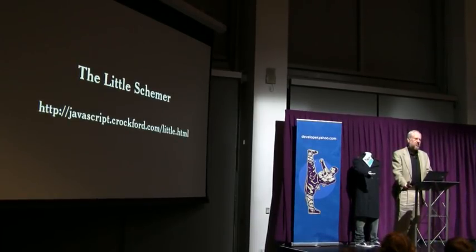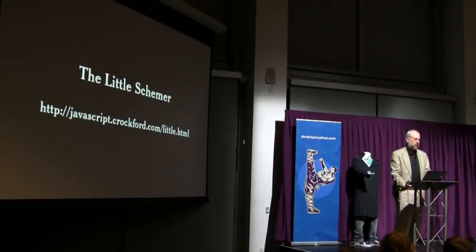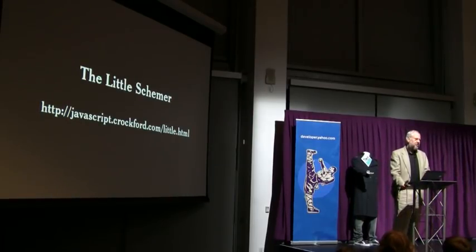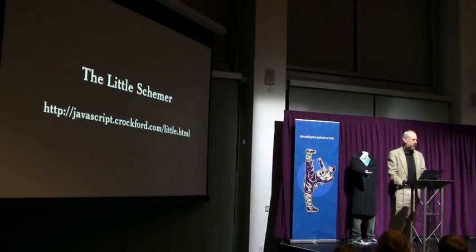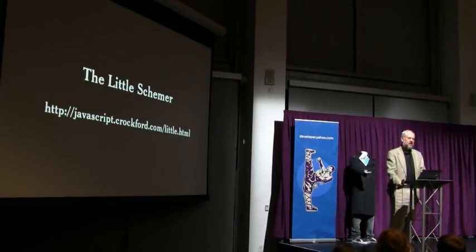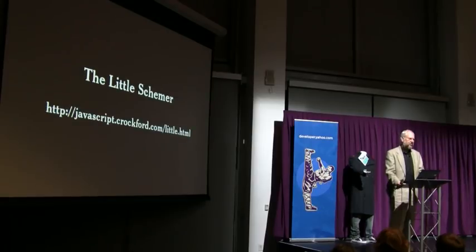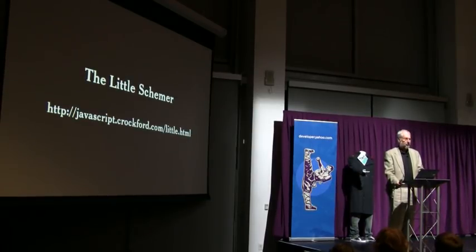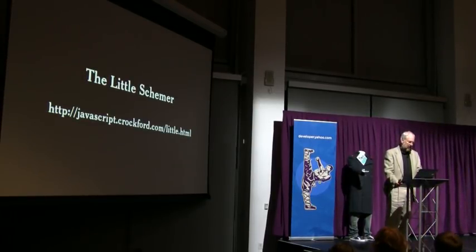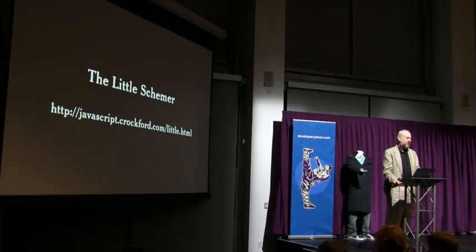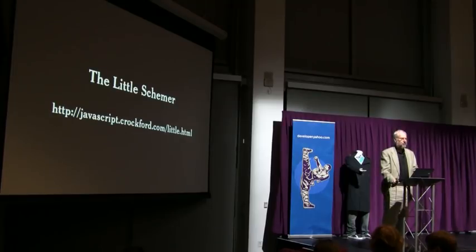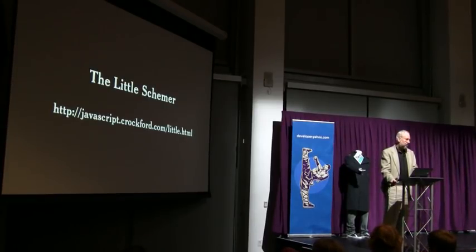And it turns out everything that's in the book can be written in JavaScript. Although Scheme and JavaScript couldn't be more different syntactically, at their roots, they're surprisingly similar. And so there's a simple transformation from one language to the other, surprisingly simple. And if you go to this web page, it'll show you exactly what they are. And that'll give you enough to be able to read and write the examples in the book.